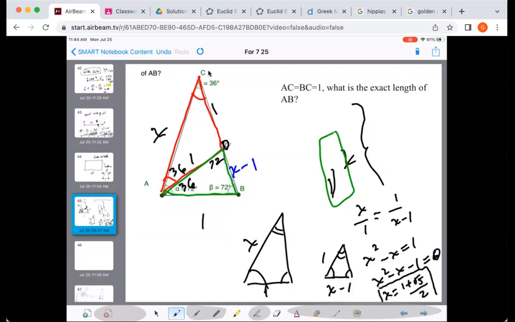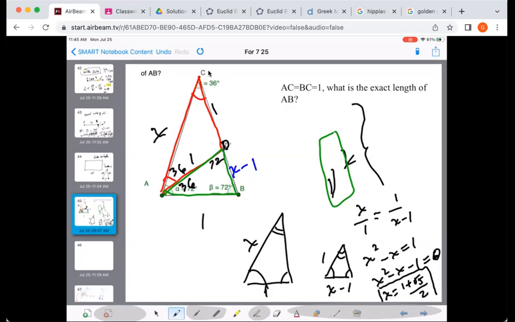So in a golden triangle, the big side to the little side has a ratio of phi. Come again? Could you say that again, please?